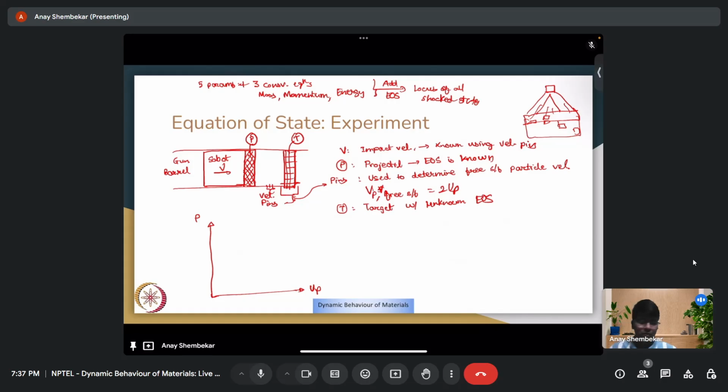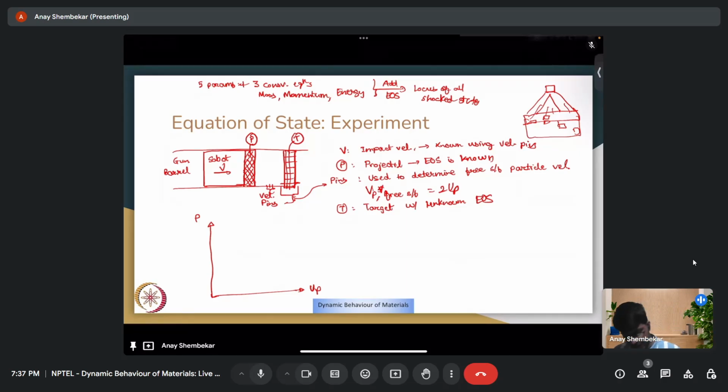Initially, the sabot hits the target with some velocity v1, v2, v3. It can be controlled well because it's a gas gun, so we can adjust the pressure of the gas released behind the sabot, and that in turn leads to different velocities.